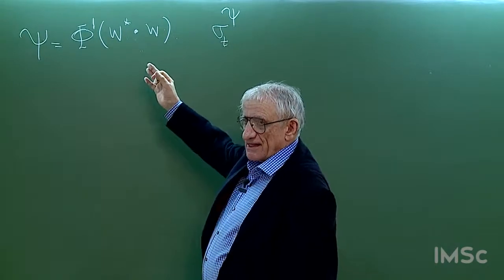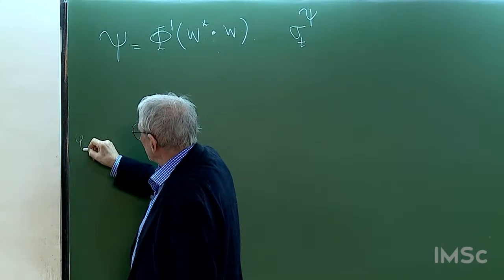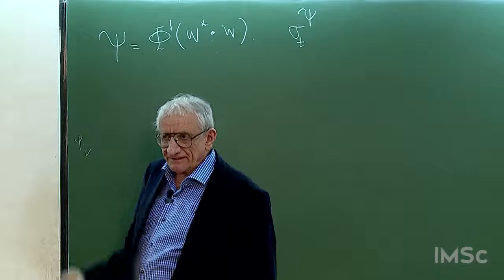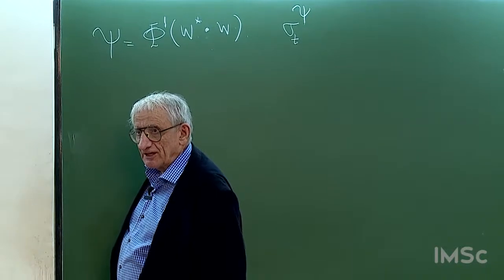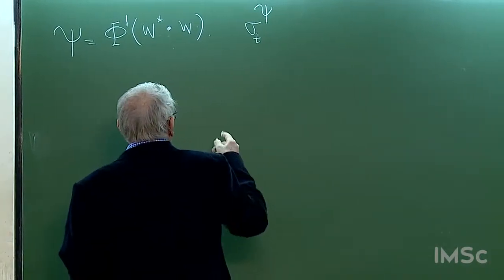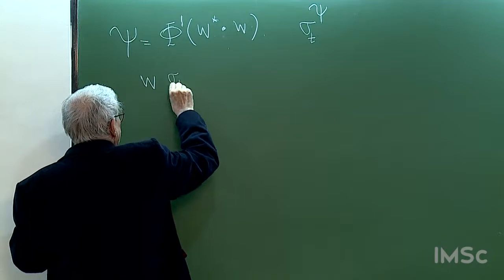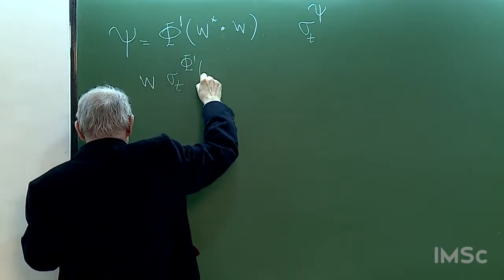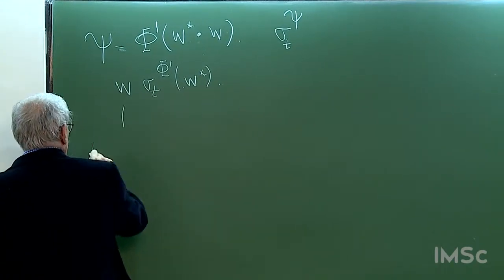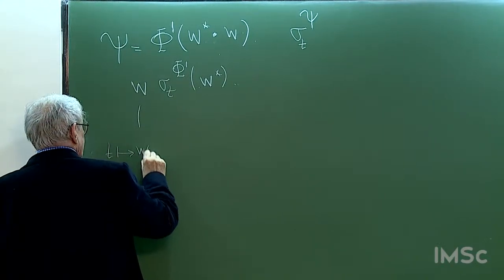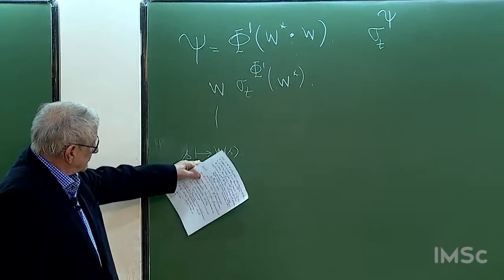So you remember, very early I defined for phi a state and V a state phi sub V. There we computed the modular automorphism group. The modular automorphism group intertwines the following operator, W times sigma t phi prime of W star. Now, this is defined by S going to V of S. The function is the multiplication by this function.